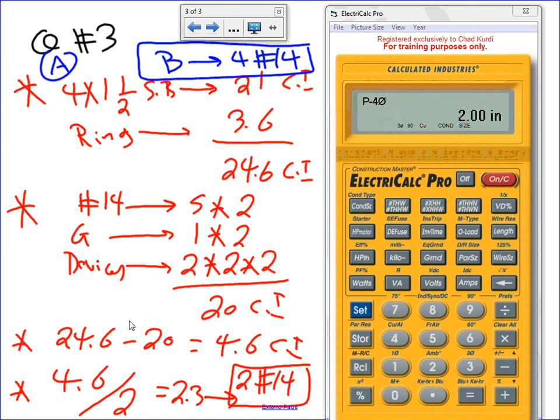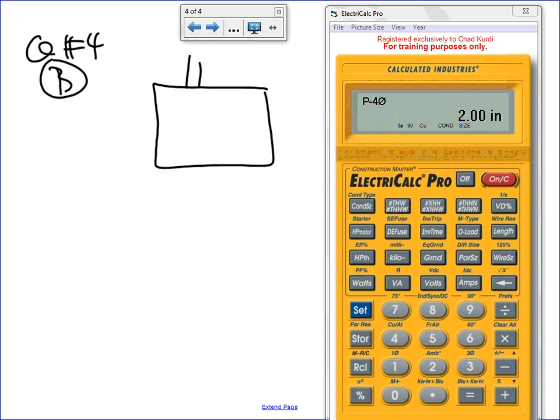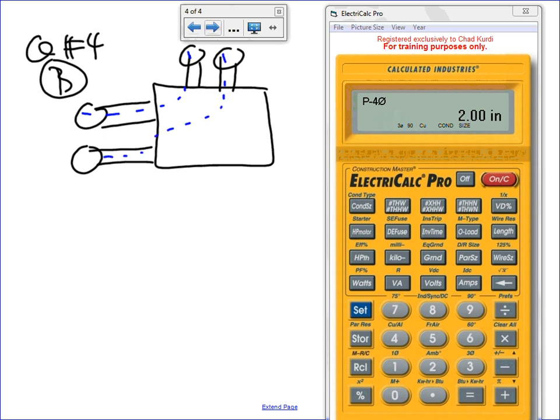All right, let's go to 4. My 4 is a J-box. Question number 4, version B. I have a J-box. Beautiful J-box. Just beautiful. You guys have an issue with the beautiful J-box? My beautiful J-box is pulling conductors through it.